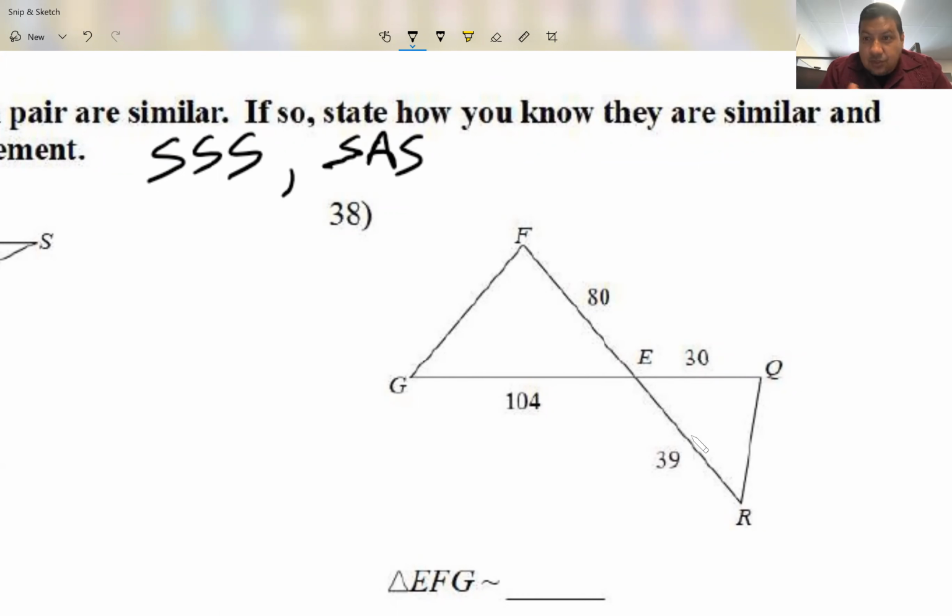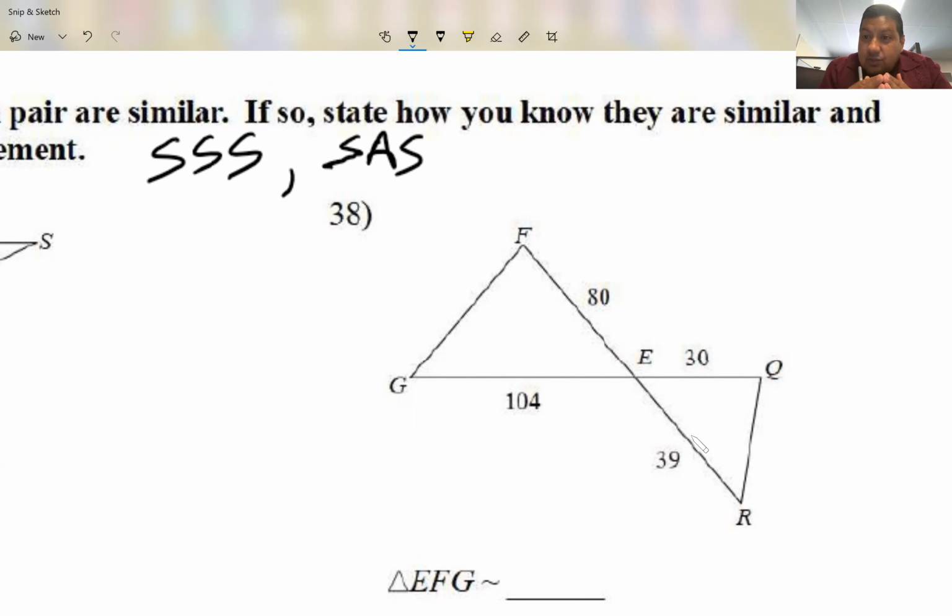Remember, we used to say 2 sides in the included angle. So the angle is not just any angle from the triangle, it's the angle made by the 2 sides. Notice how the angle is in between the sides. So side angle side is 2 sides and the angle made by the sides.